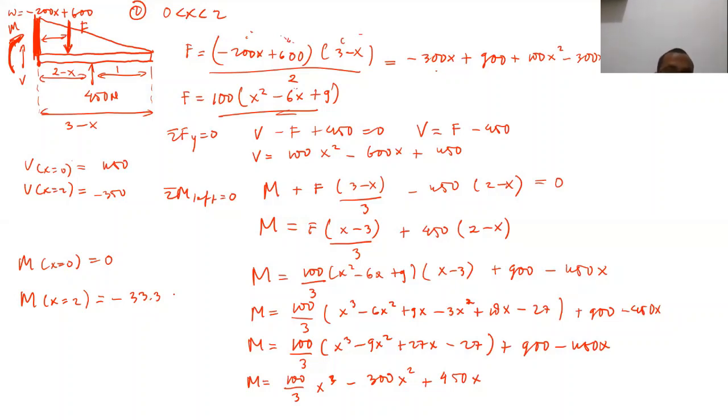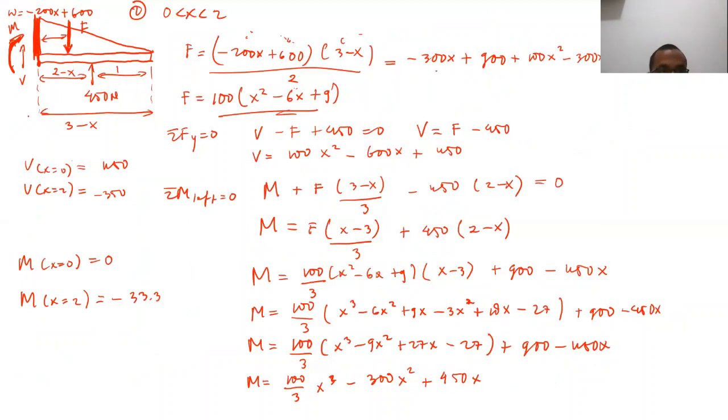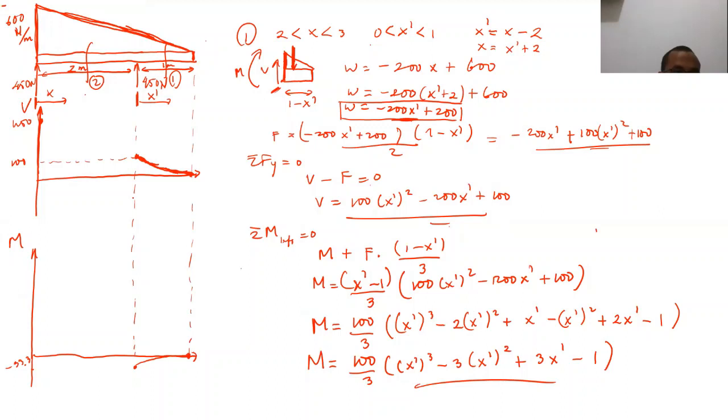So here the value will be 450, and at x equal to 2, the value will be minus 350. Minus 350 is around here. So the jump there will be 450, which is the same as the concentrated force there. So we know that the value is correct.